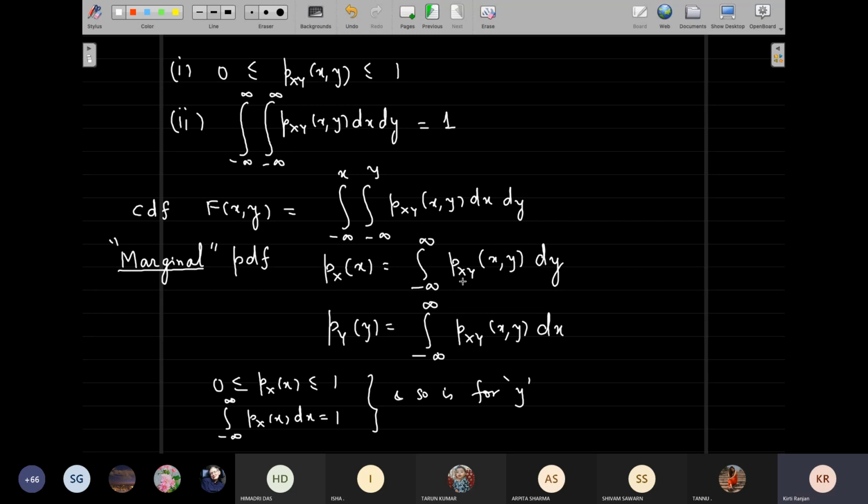And how do we build it? It is just by taking the projection onto a given axis. That means that you are integrating over the other axis. If you want the marginal PDF of x, then you are integrating over y. If you want the marginal PDF of y, then you are integrating over x. And all the laws of probabilities will be followed by these marginal PDFs. It's by construction.